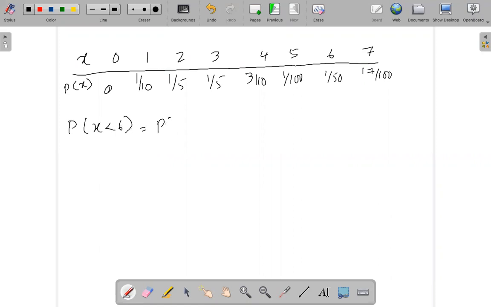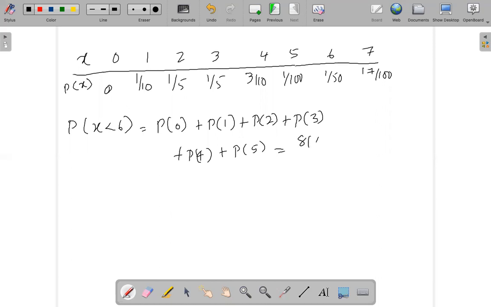So we'll have to include 0, 1, 2, 3, 4, 5. When you put this together, you get 81 by 100, which is 0.81.